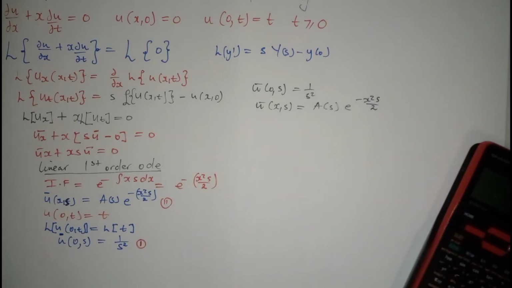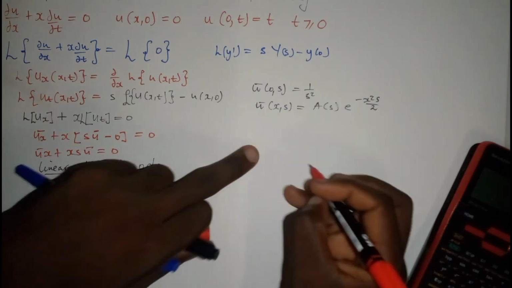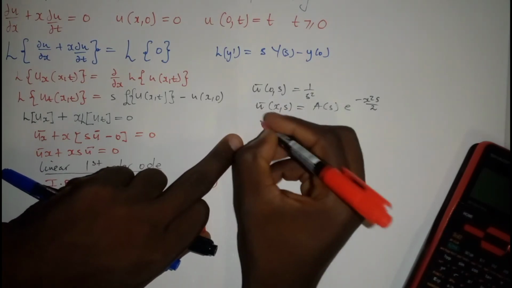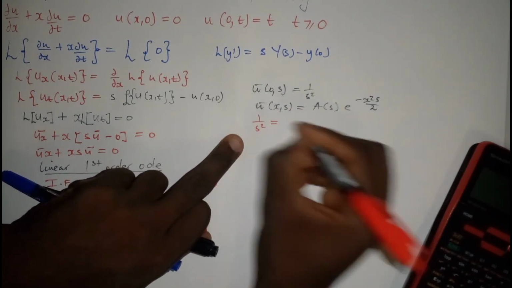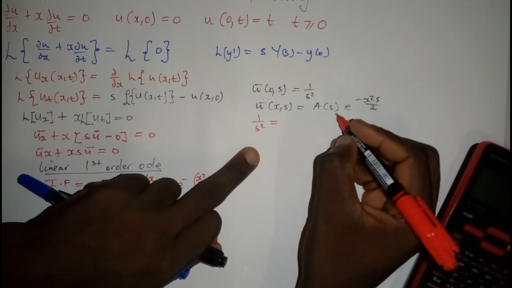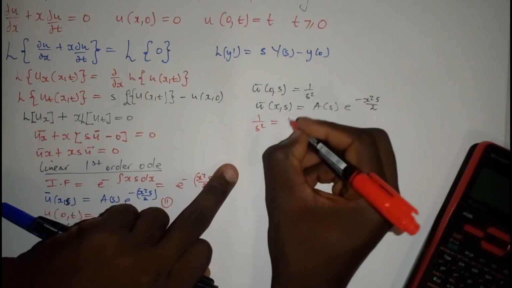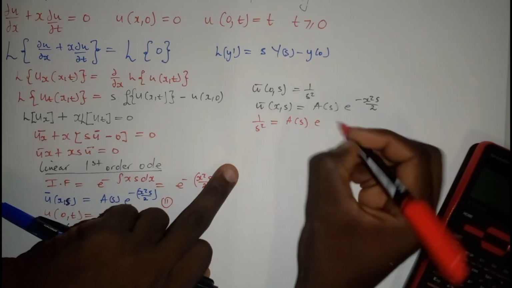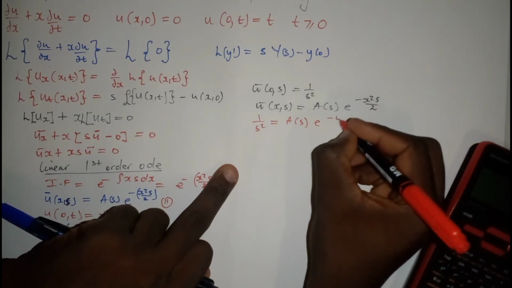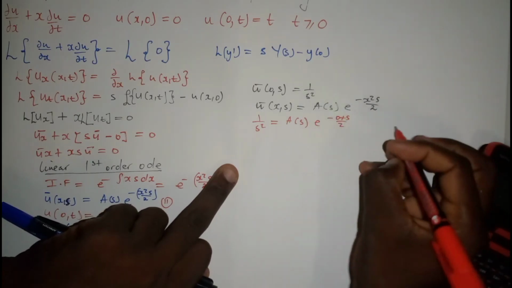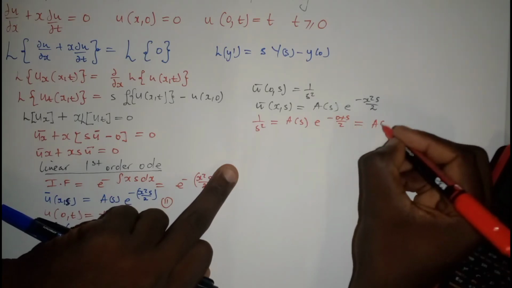By substituting these initial values, you can see that here we're going to have 1 over s squared, and here at x equals 0 we're going to have A(s) e to the power negative 0 times s over 2, which gives us A(s).